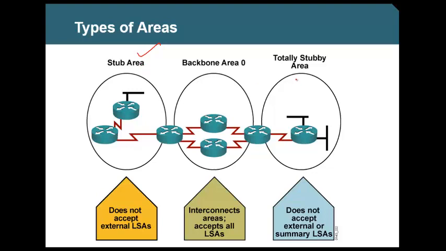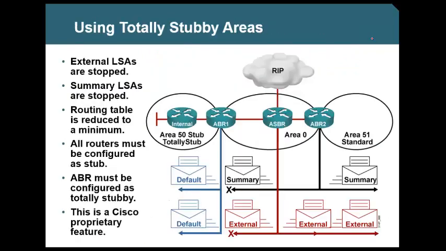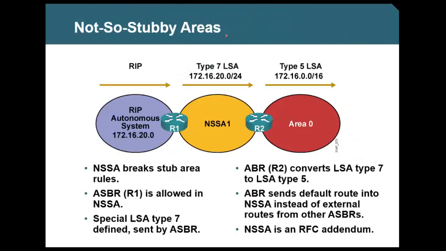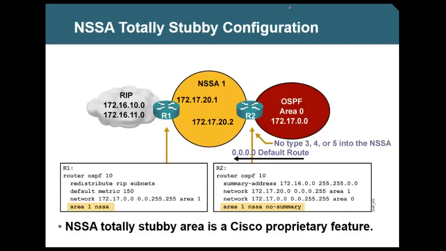But the word totally, if you see it, is not from the industry, it is from Cisco. We've got stub area, totally stub area, not so stubby area, and totally not so stubby area. These are the 4 special area types. Wherever totally comes, it is Cisco. You will see it only in Cisco.